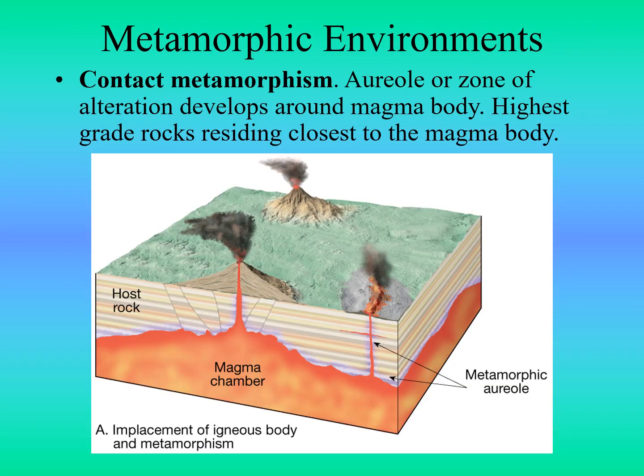So here's what those metamorphic environments looked like. If you have a contact metamorphism, you'll have a magma chamber here, and it's intruding up into some sedimentary units. It's maybe even erupting up and popping out on the surface as a volcano. And so it has some fractures and some faults associated with the volcanism there.